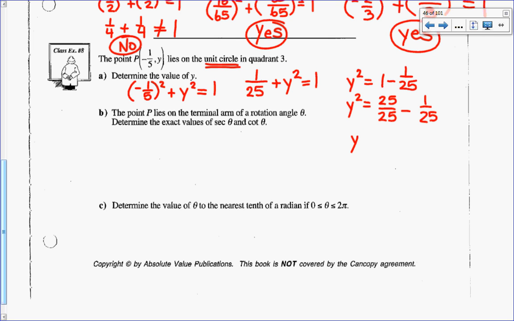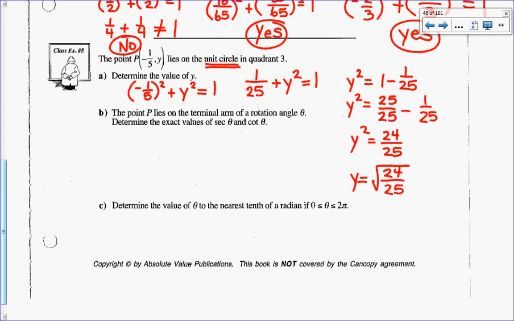So y squared is 24/25. And then I just take the square root of that, so I have y equals, now it would normally be positive or negative, the square root of 24/25.